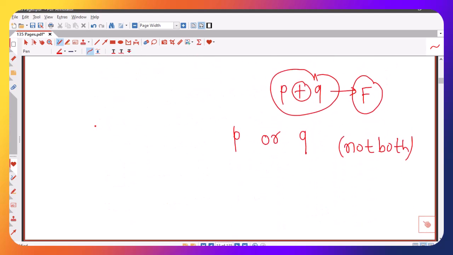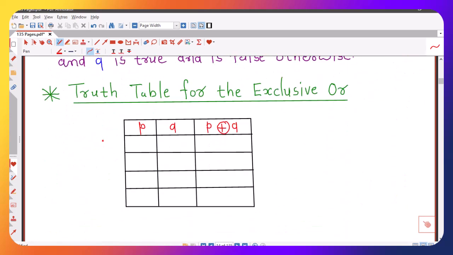So whenever we are writing the truth table for exclusive or, suppose I am writing TT FF, here I have TF TF, then exclusive or is true if exactly one of the two propositions is true. That is, here P is true and Q is false. Here P is false and Q is true.